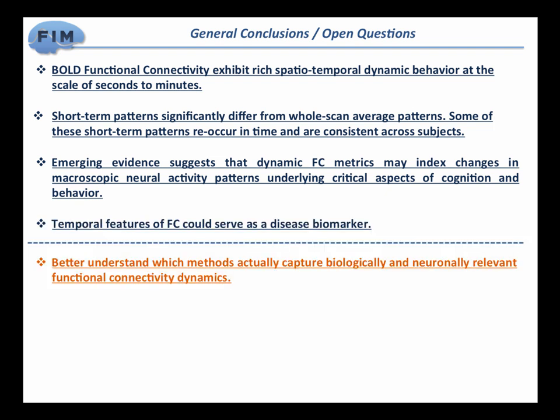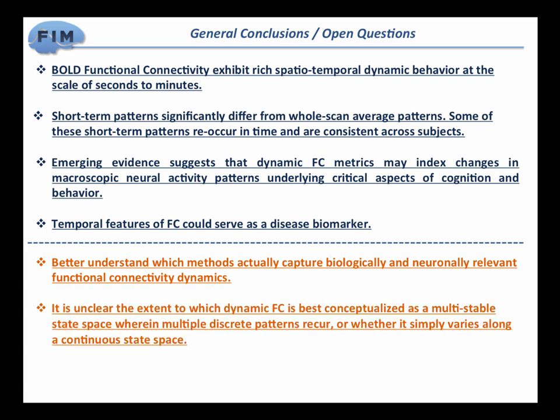And I think three things to take home and think a little bit more about is that we need to better understand which methods actually capture biologically and neuronally relevant functional connectivity dynamics versus simply noise or spurious correlations that we might be introducing during the analysis. It is unclear to which extent it's actually better to conceptualize dynamic functional connectivity as a multi-stable state space, meaning there are these units that you go back and forth between, or it's continuous.